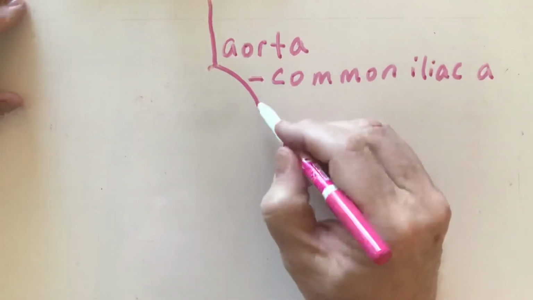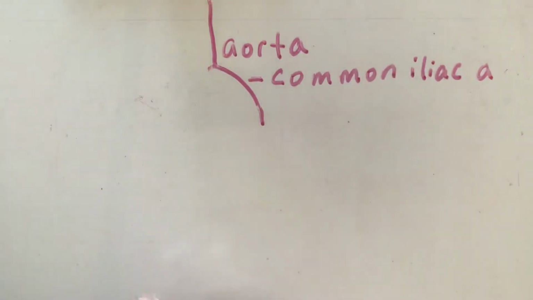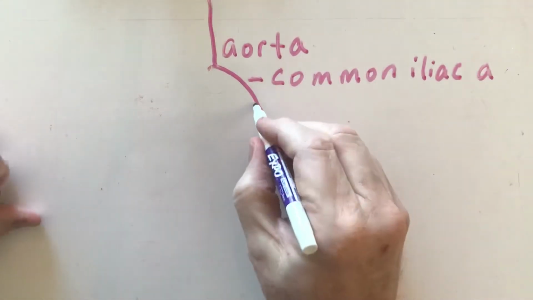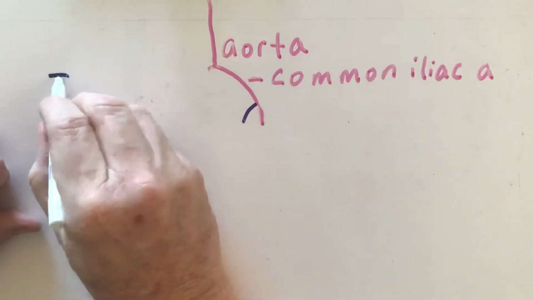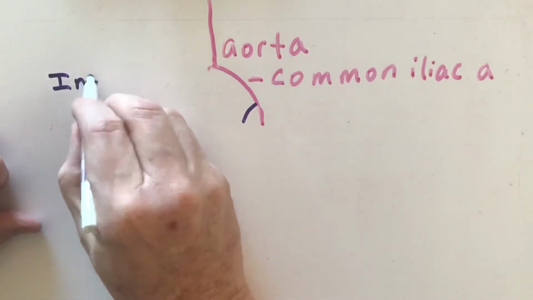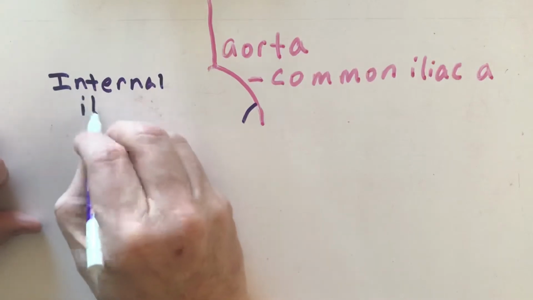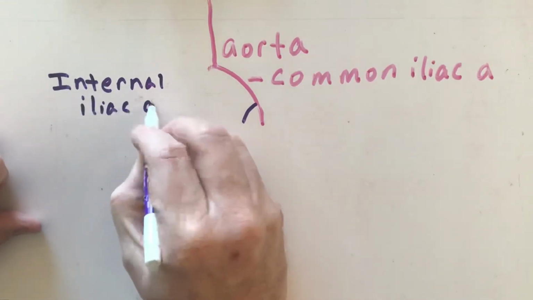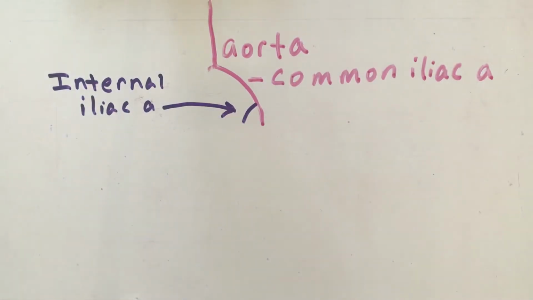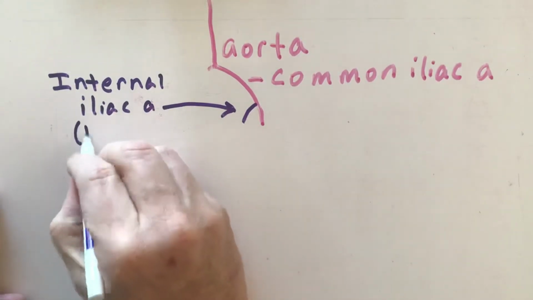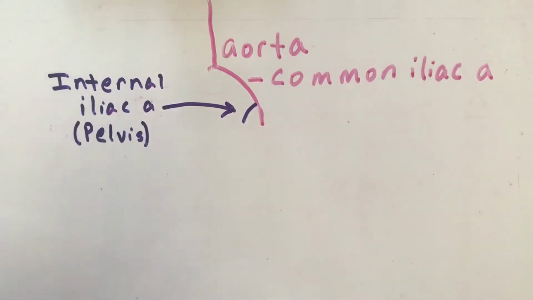Coming off the common iliac artery, we are going to get the internal iliac artery. This is my internal iliac artery, and it's going to send blood to the pelvic region, the muscles and organs in there.